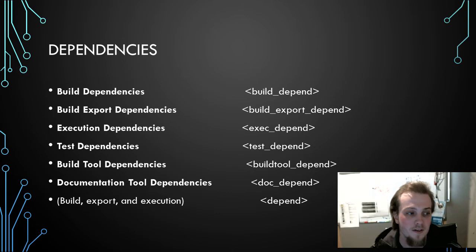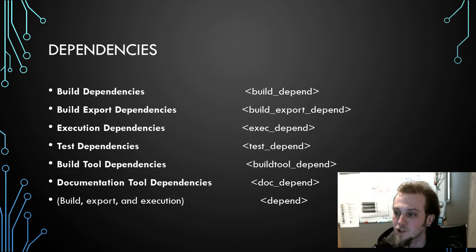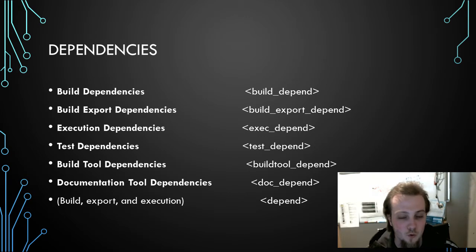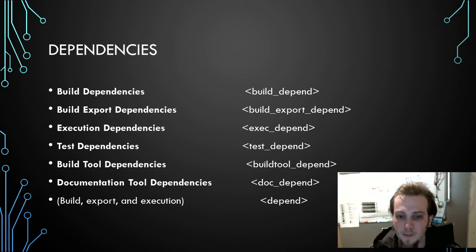We then have test dependencies. So this is when performing testing on your package. You may need specialized packages for testing the package, possibly for unit testing. We then have build tool dependencies, and these are build system tools that the package needs to build itself.